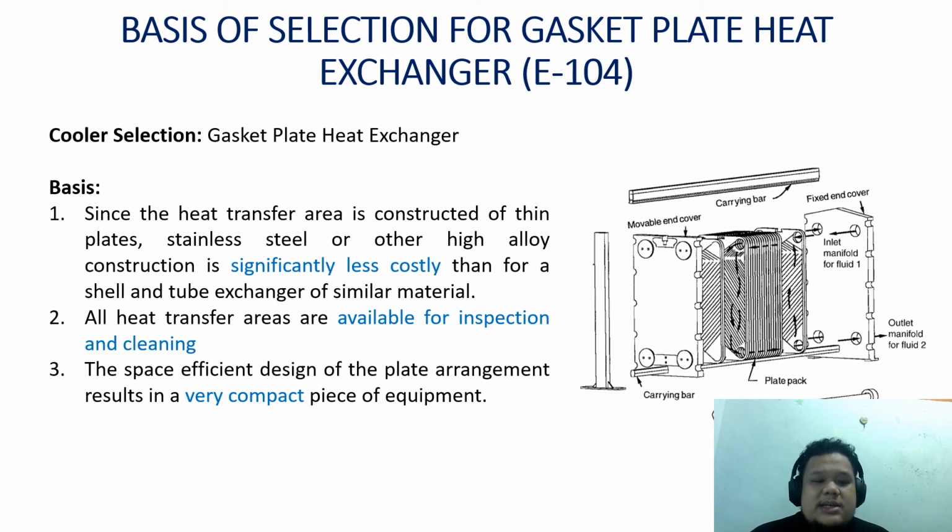The second reason is that all heat transfer areas, which is the plates in this case, are easily detached, which makes cleaning easy. And last but not least, the specification design of the plate arrangement results in a very compact piece of equipment.